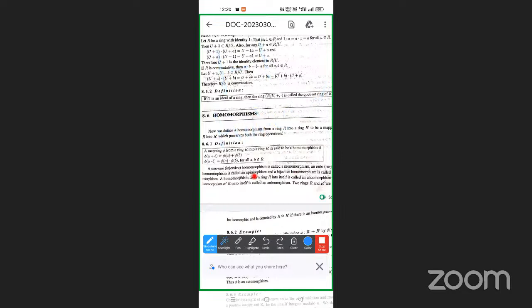So epimorphism is nothing but pi is onto and a homomorphism.